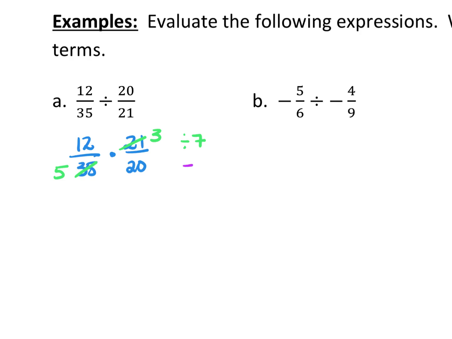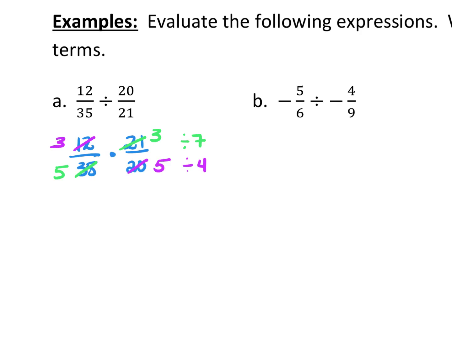We can also divide 12 and 20 by 4. If we divide 12 by 4, we get 3. If we divide 20 by 4, we get 5. Now, one thing to note, we do still have some 3's here and some 5's here.